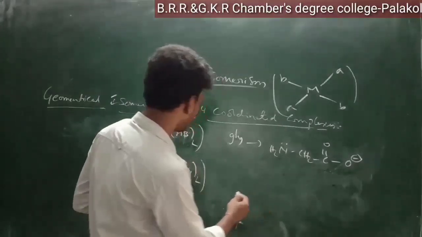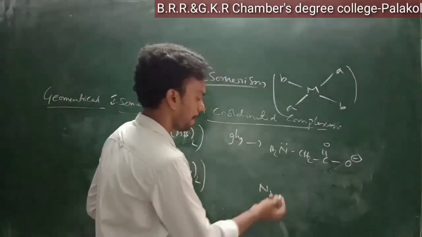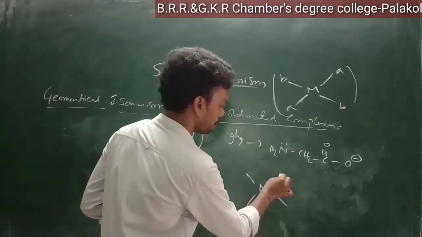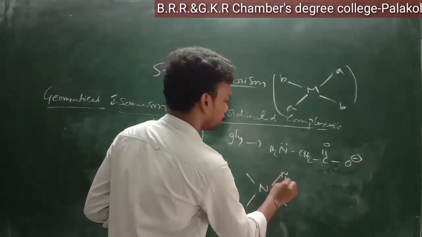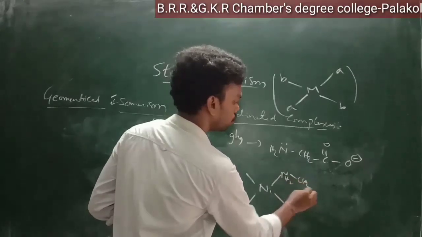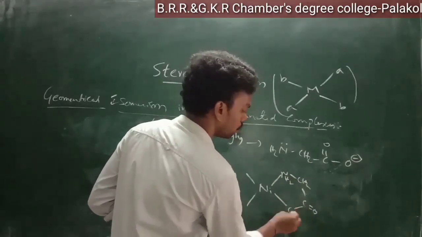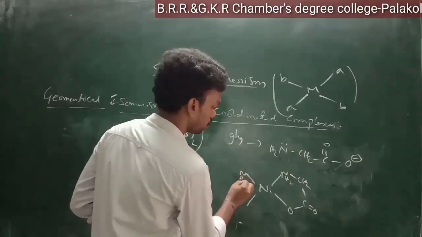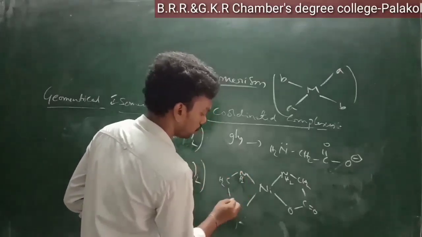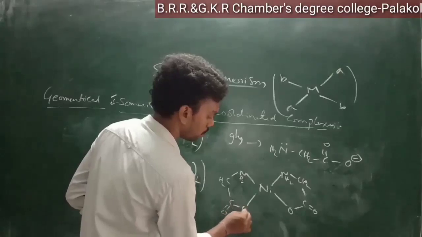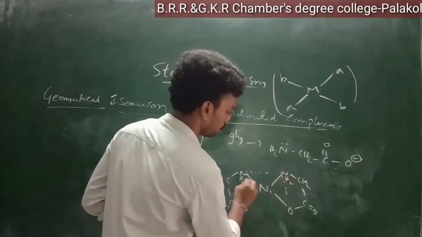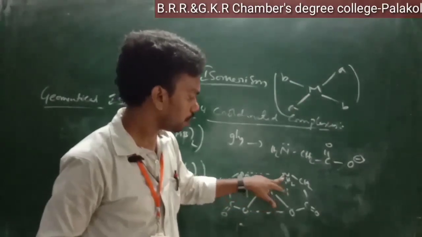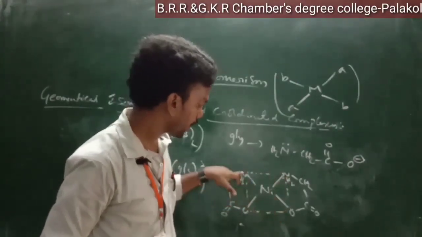Let's say the structure of this complex, that is nickel with NH2 CH2 C double bond O, and NH2 CH2 C double bond O. Here nitrogen and oxygen, here nitrogen and oxygen.